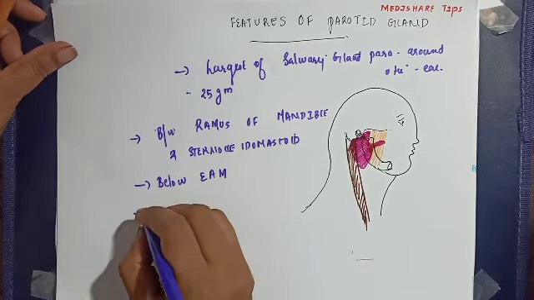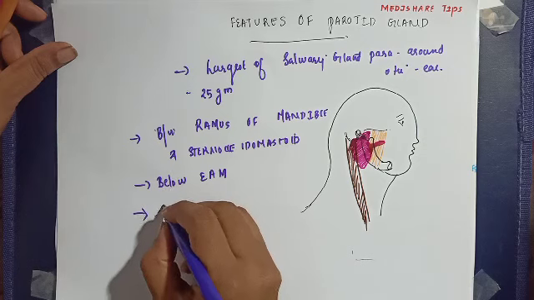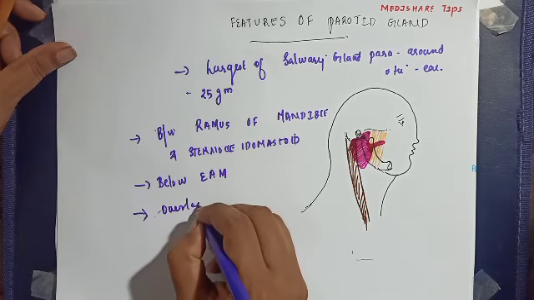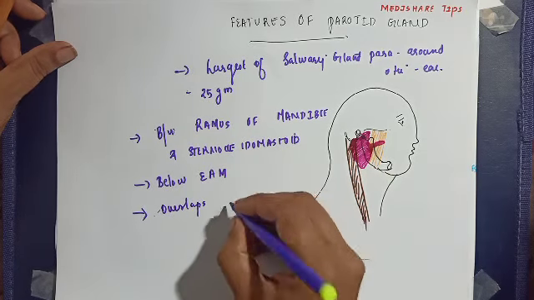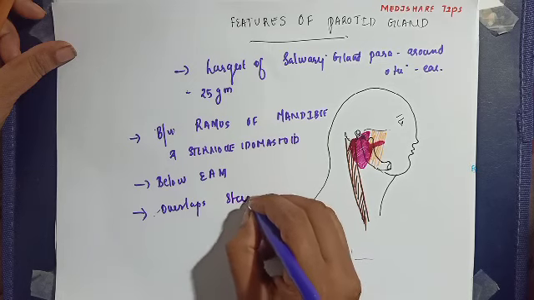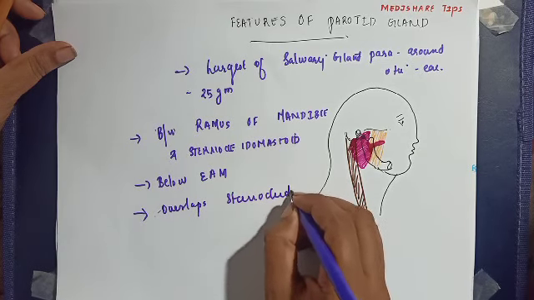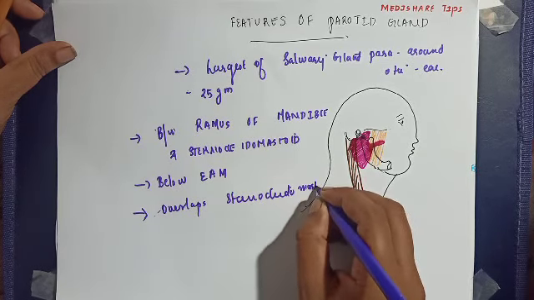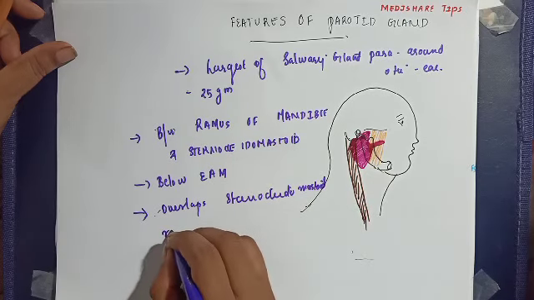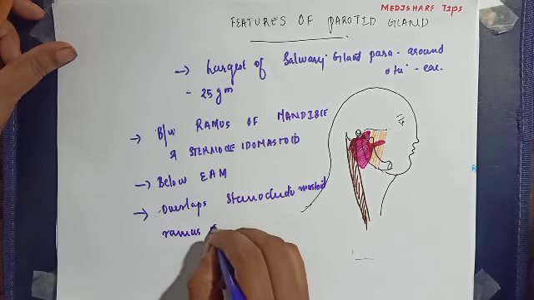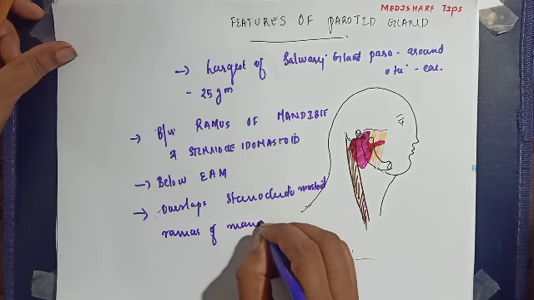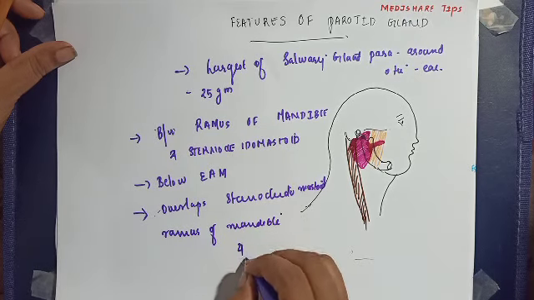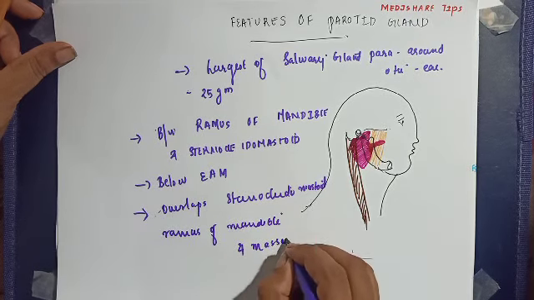Okay. So it overlaps which structures? It overlaps these structures, that is sternocleidomastoid, ramus of mandible, and also one muscle which it overlaps is the masseter muscle.